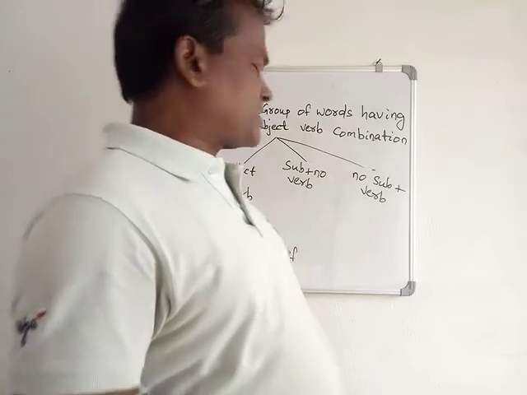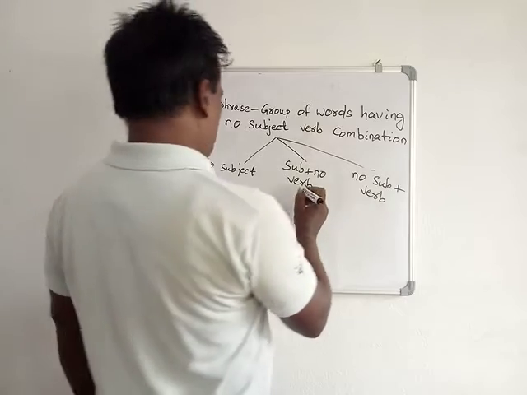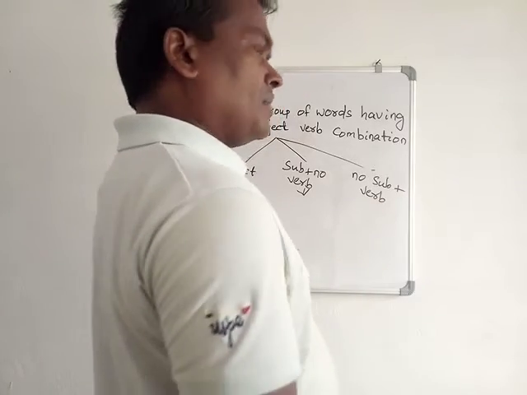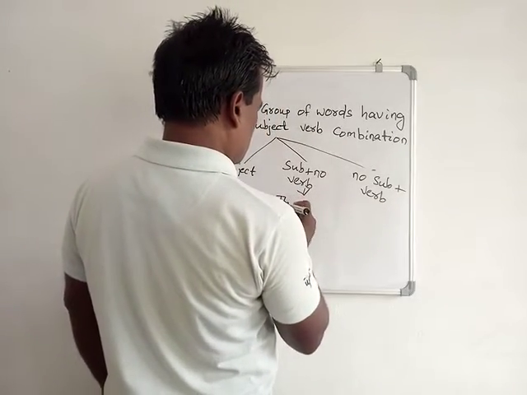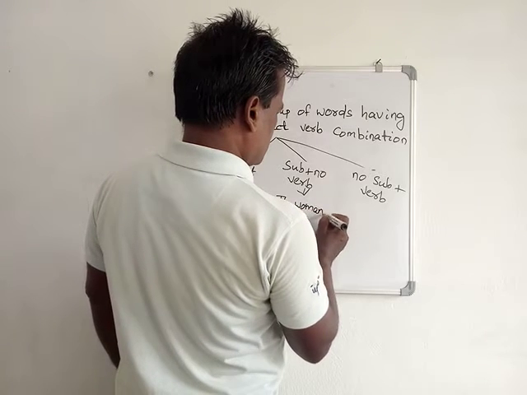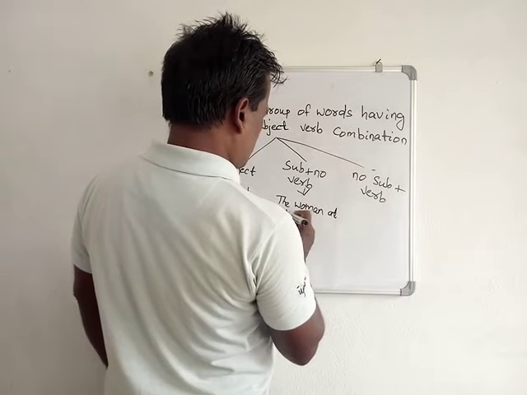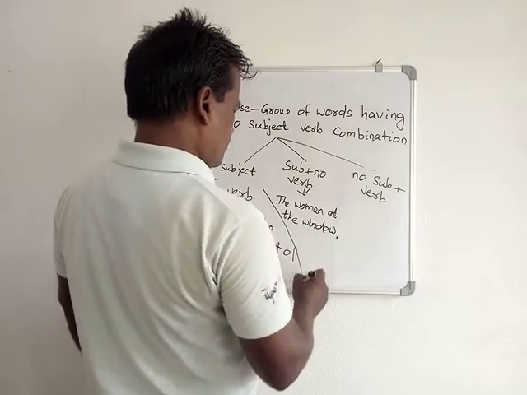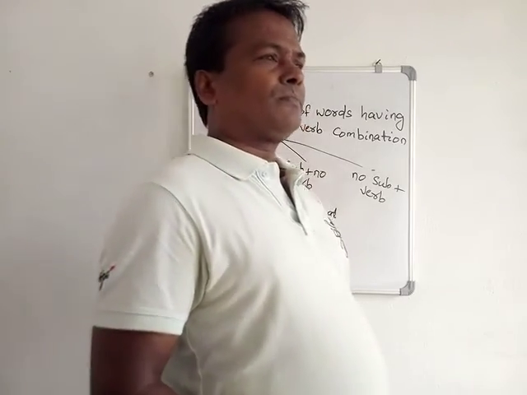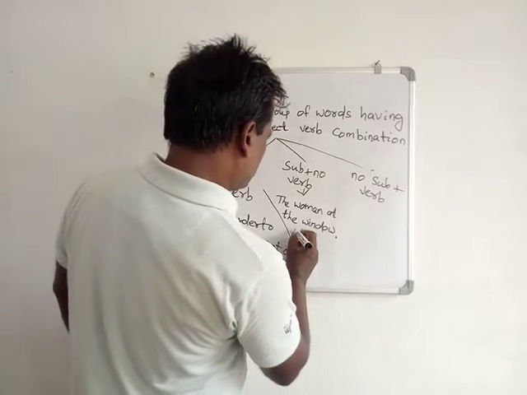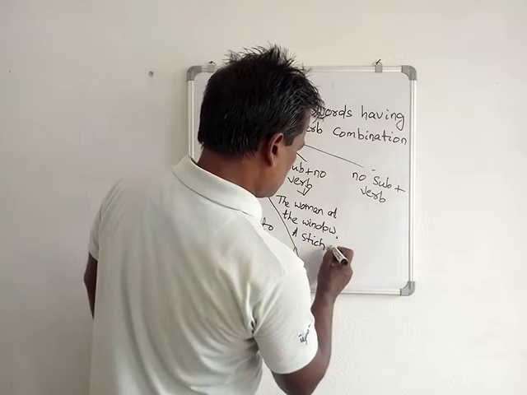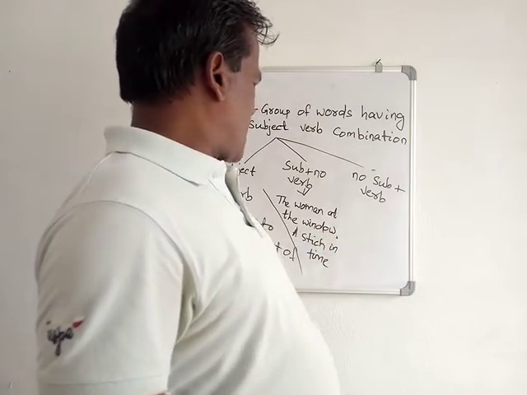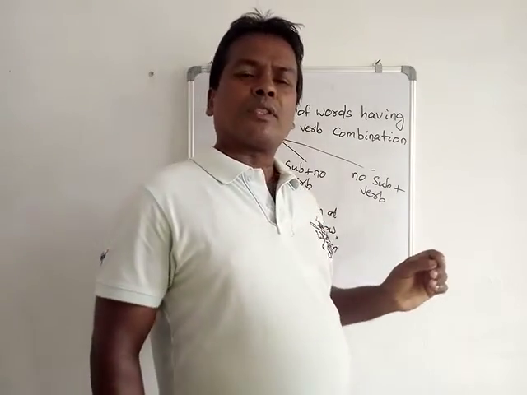Similarly, the second one, subject plus no verb. Examples: the woman at the window, and a stitch in time. In the woman at the window, the subject is woman, but there is no verb.